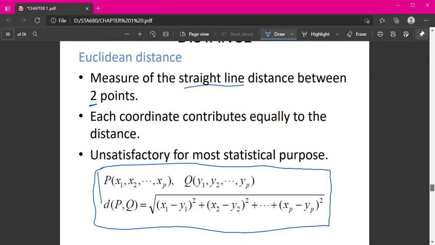Okay, let's say kalau you punya one of the point kat sini adalah daripada origin. Let's say kat sini semuanya 0, 0, 0. So here will be only x1 square plus x2 square sehinggalah xp square.